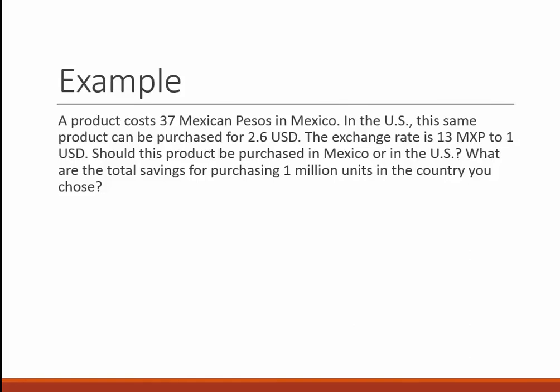Particularly if you're going to be traveling internationally, this is something that you have to be comfortable doing, which is going between currencies. How much are 37 Mexican pesos in US dollars, or how much are $2.6 in Mexican pesos? It's a ratio really. If one US dollar is equal to 13 Mexican pesos, we could say, well, then how many dollars are equal to 37 Mexican pesos?